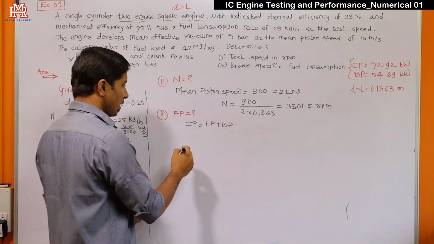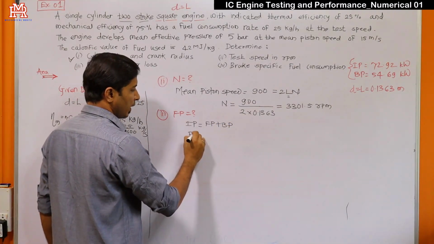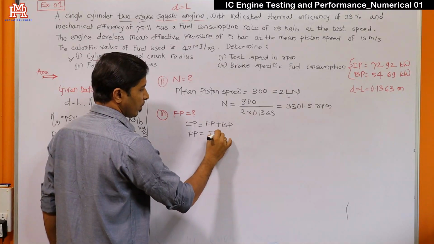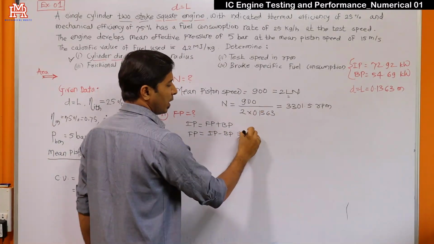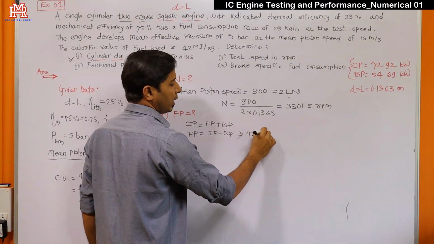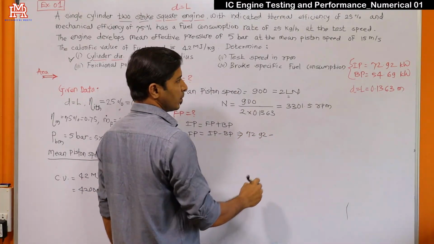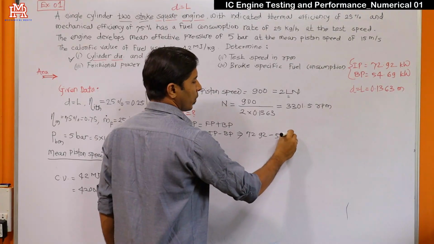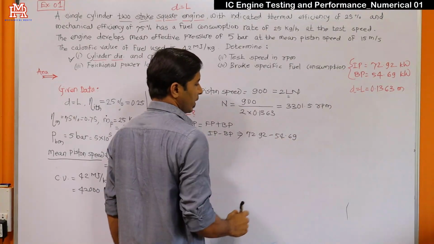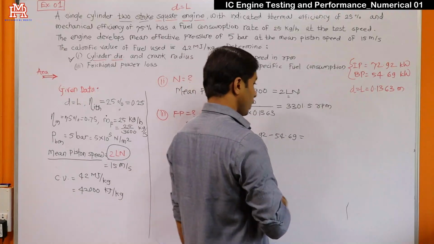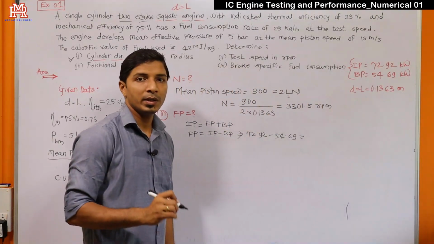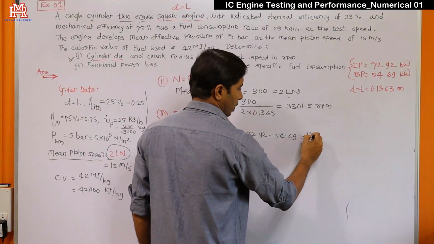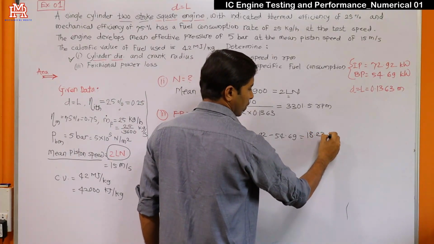So from this formula we will get Fp is equal to indicated power minus brake power. Indicated power is 72.92 kilowatt minus brake power is 54.69 kilowatt, and you will get the answer for frictional power as 18.23 kilowatt.